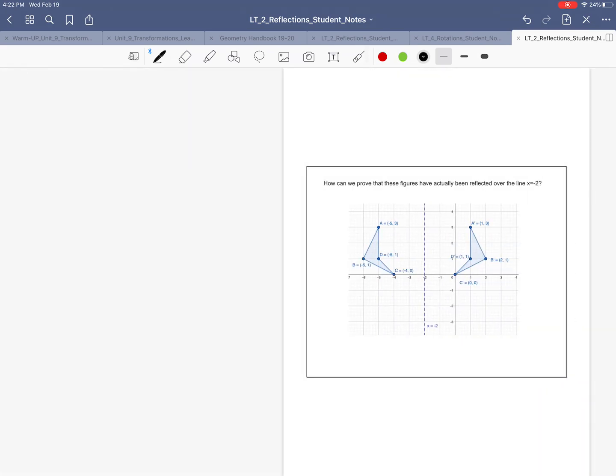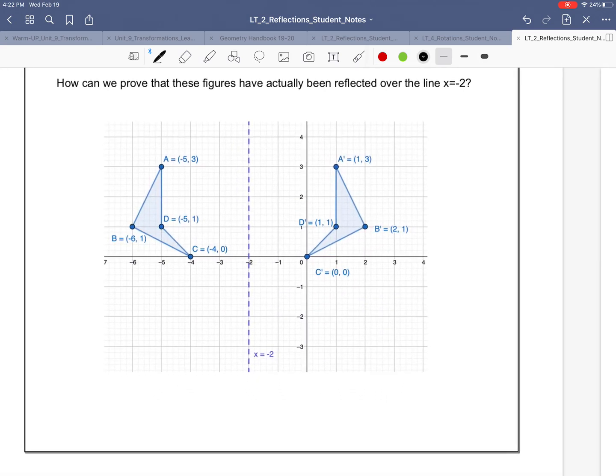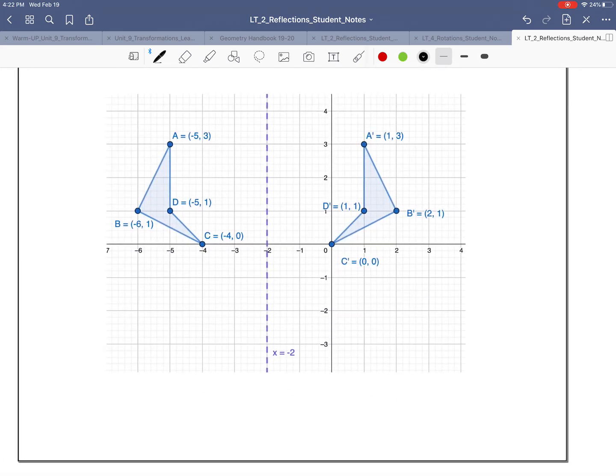So we'll apply it to this figure here. So we can draw these lines that connect line segments like this, right? And then we can see that from A to this is 3 units, and this is 3 units. This is 3 units, this is 3 units.